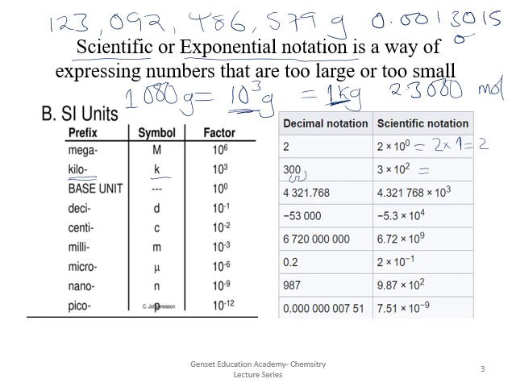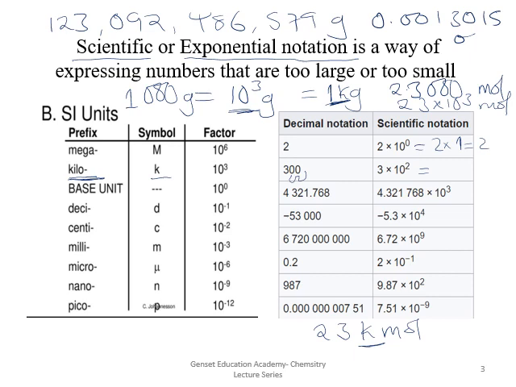This guy here is going to become 23, and these zeros symbolize, we can write this as 23 times 10 to the power 3 moles. But 10 to the power 3 is a kilo. So we're going to write it as 23 kilomoles, meaning that it's a prefix, meaning that it comes before the actual unit.